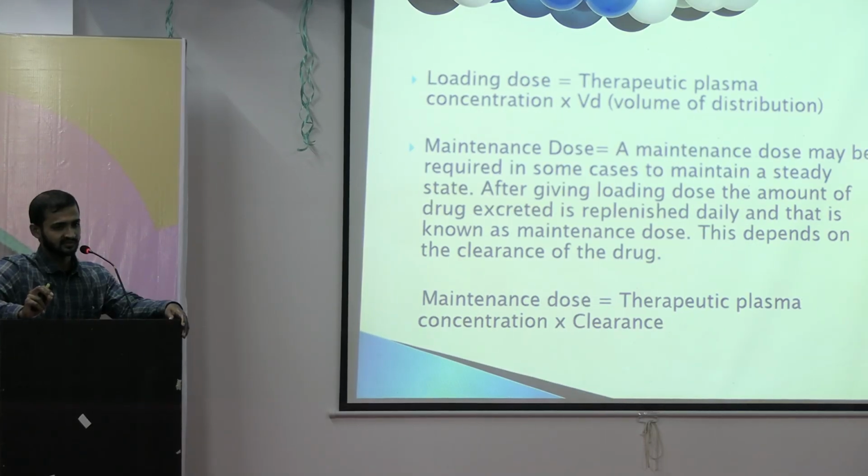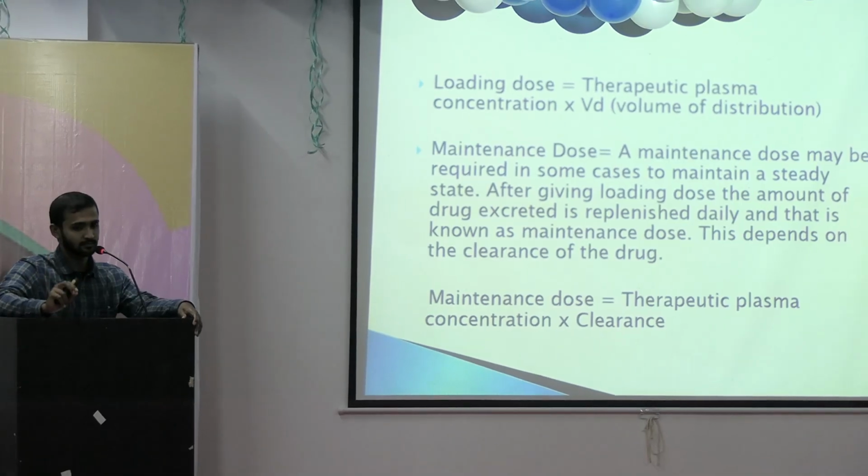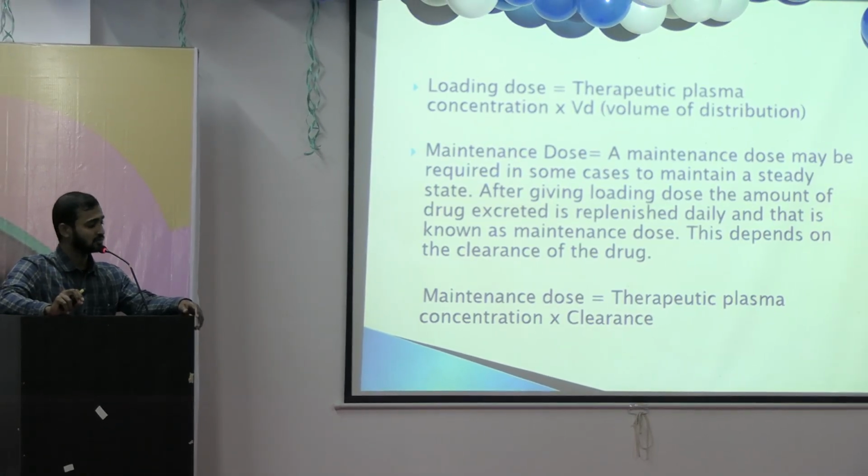So loading dose is the initial volume of drug which is given to a patient. It is the therapeutic plasma concentration multiplied by volume of distribution. You understand the therapeutic plasma concentration? It means the level in the plasma at which the drug is effective to produce a therapeutic response. Suppose you are giving a bronchodilator drug for bronchial asthma.